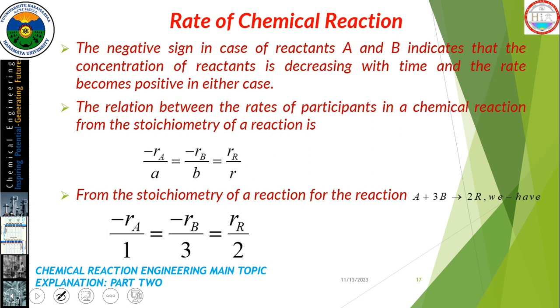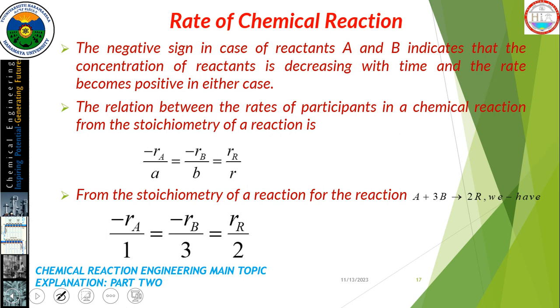So the relation between the rates of participants in a chemical reaction from the stoichiometry of a reaction is written as the rate of A divided by a, minus the rate of B divided by b, which is equal to the rate of R divided by r.